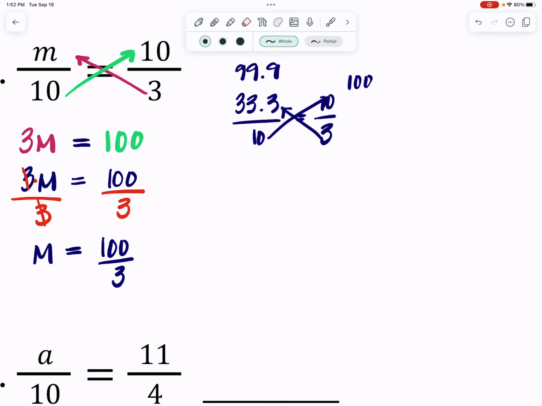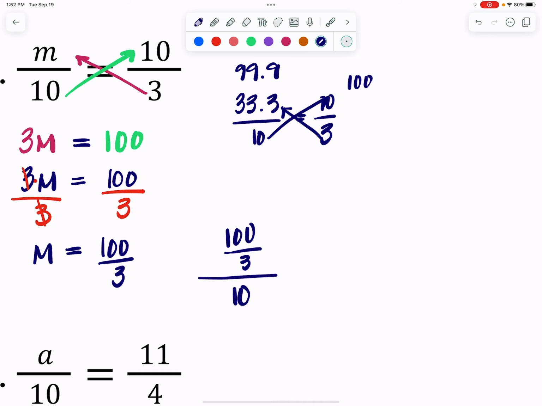To check it, I am going to put 100 over 3, that's a 3, over 10. I'm putting it in that spot right there. And I want to know if that will be equal to 10 over 3.